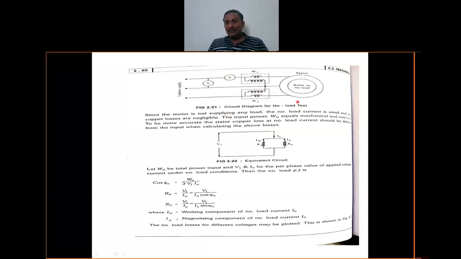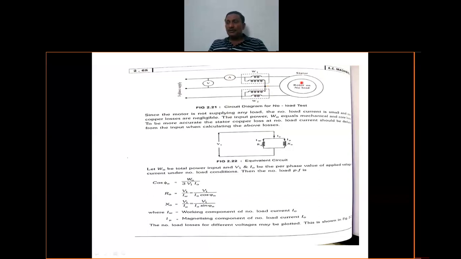The outer part is the stator winding, and all these parameters are connected to the stator winding. The inner part is the rotor, on no load. No load means no load is connected to the motor.